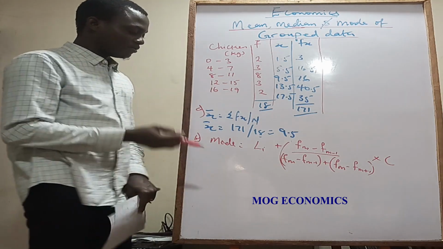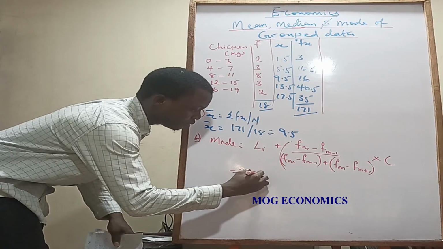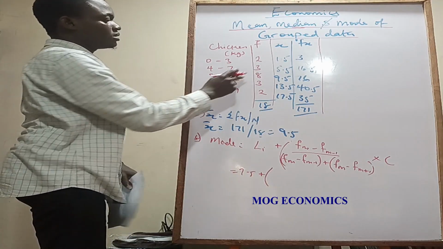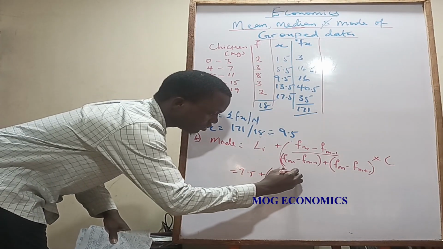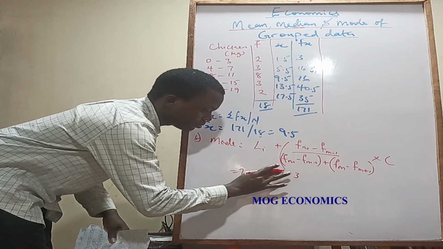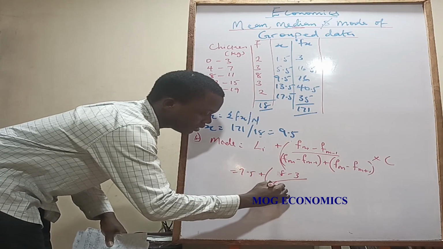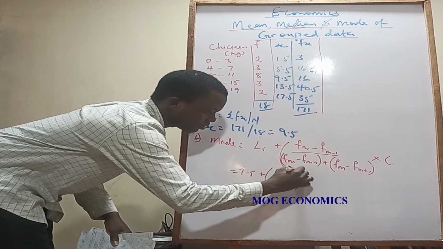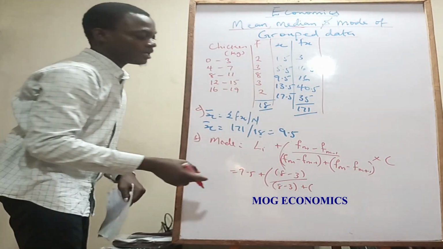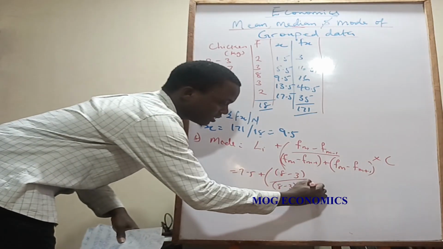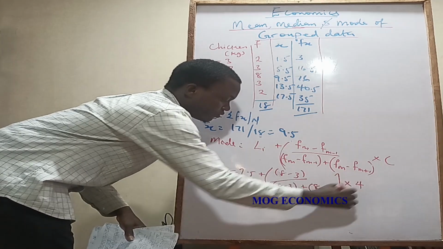So, 7.5. Our mode is going to be equal to 7.5 plus frequency of the modal class, 8, minus frequency before it, so 8 minus 3, divided by 8 minus 3, then plus 8 minus the number after it, which happens to be 3 too. So it is just like that in this situation, please. It is not always like that. Then multiply by 4.